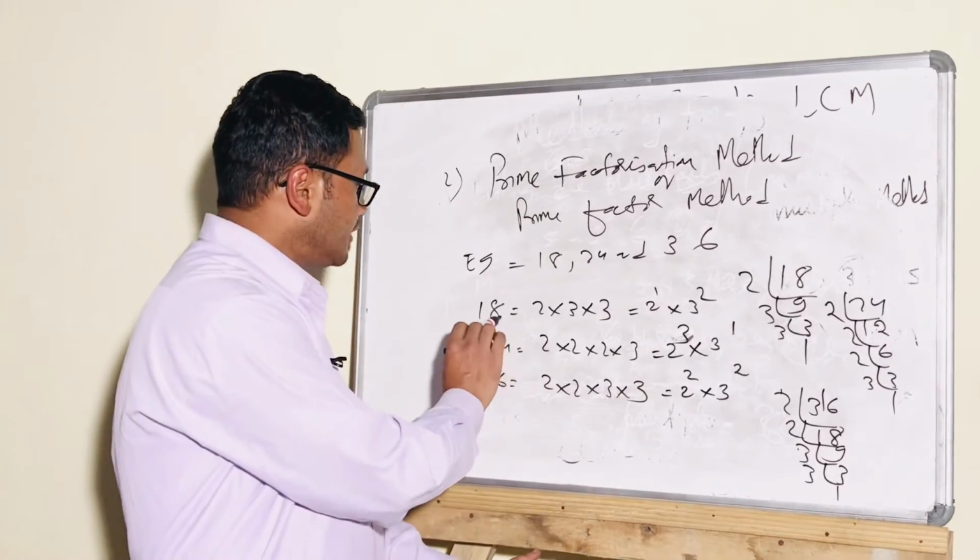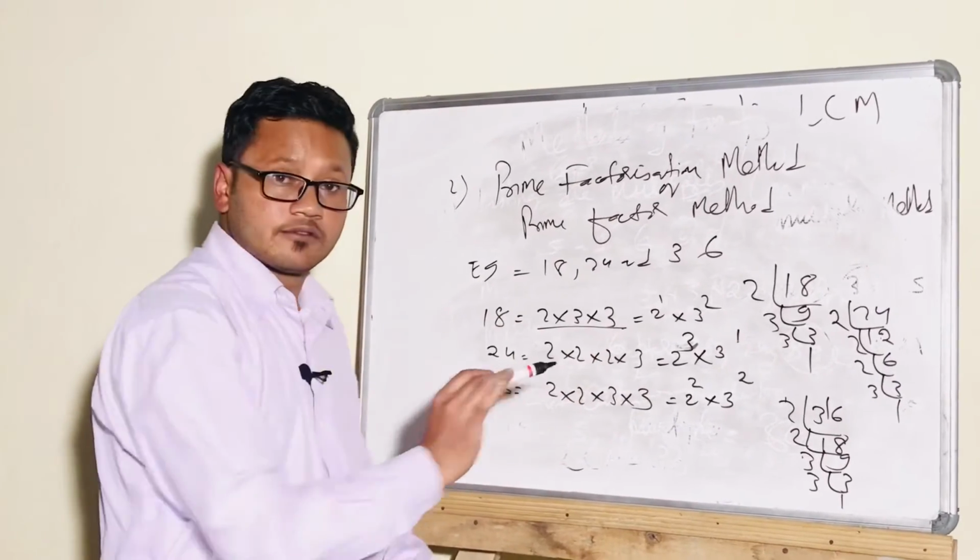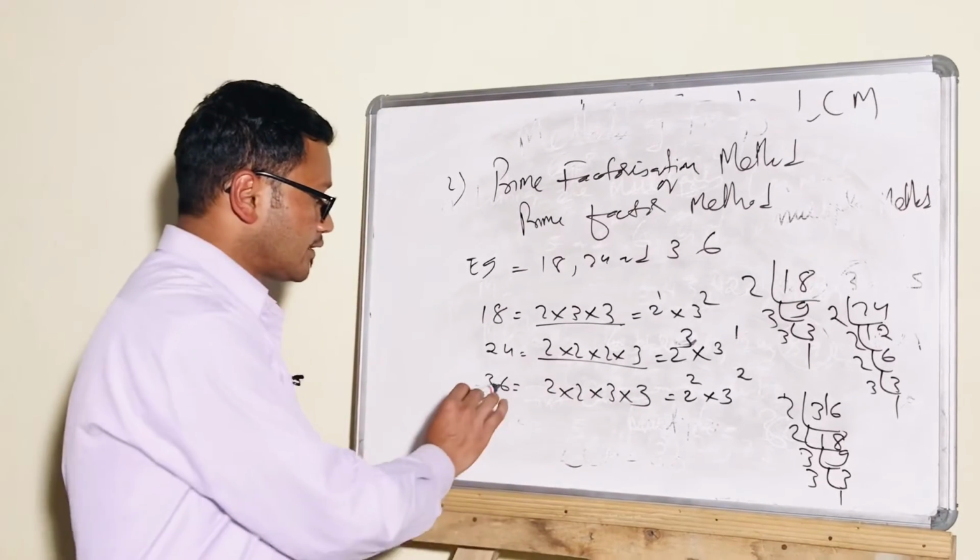First of all we have to find the prime factors of 18, then the prime factors of 24, then the prime factors of 36.